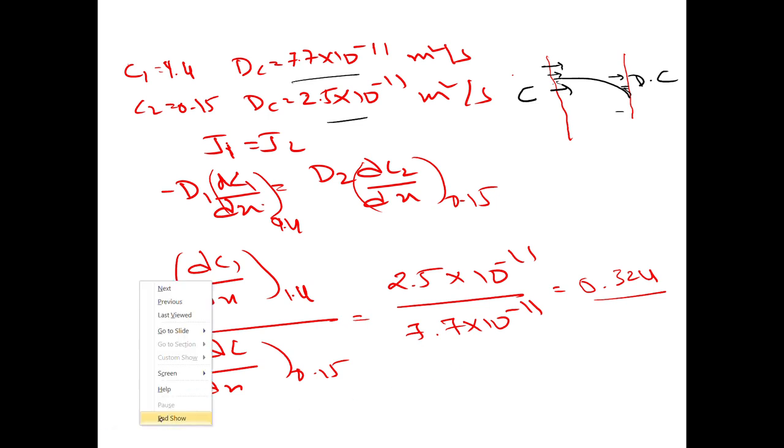Next, we know D is equal to alpha square into gamma s.